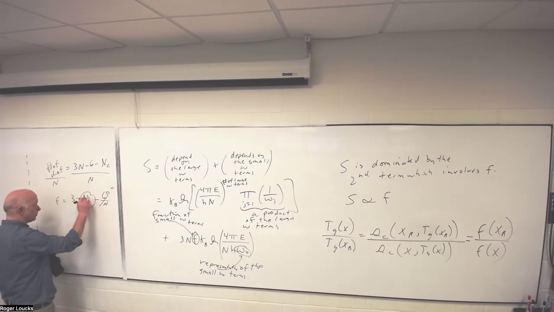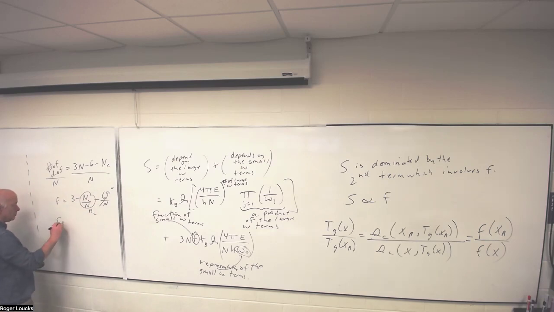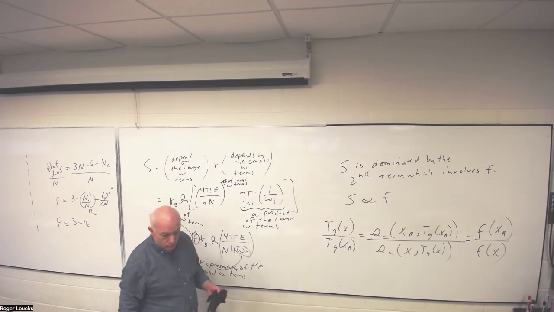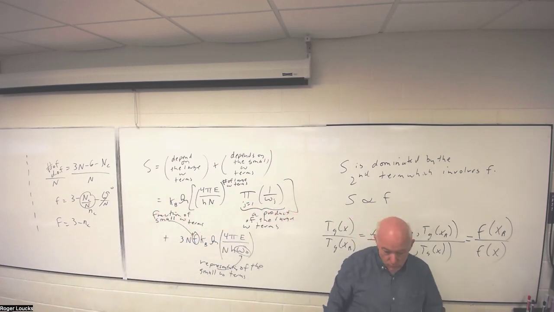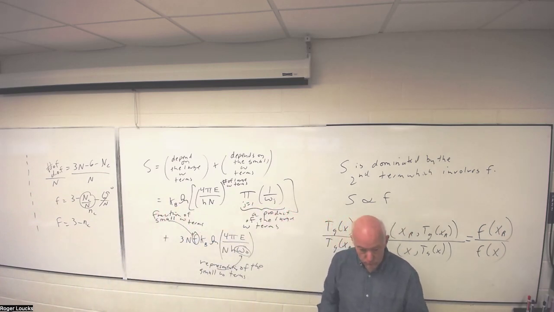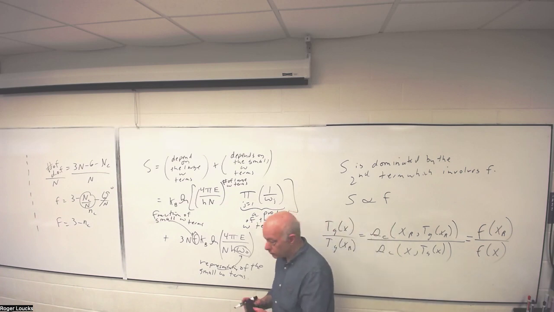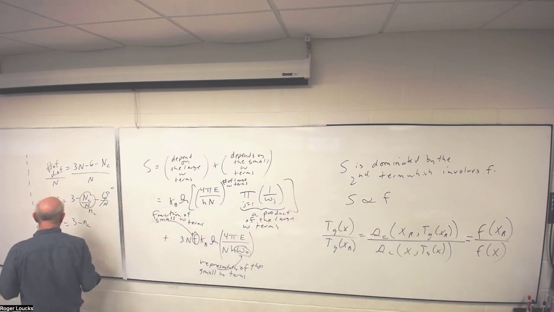And this right here we're just going to call n sub C, the number of constraints, or how many floppy modes. So n sub C is our constraints.